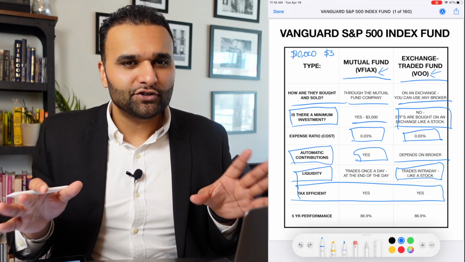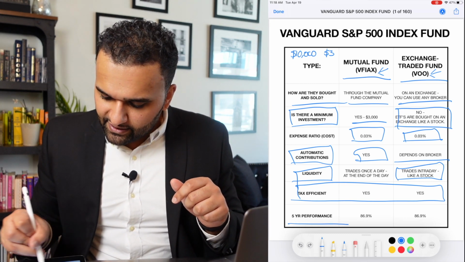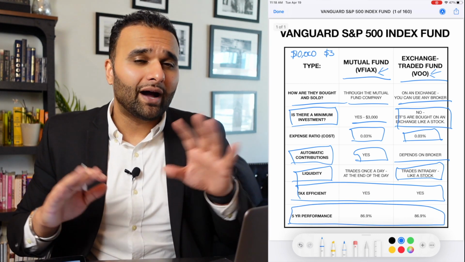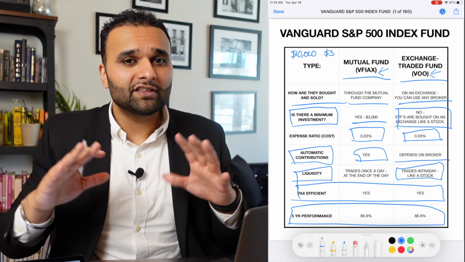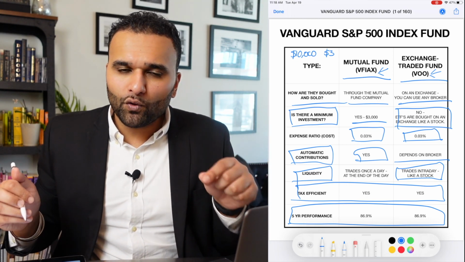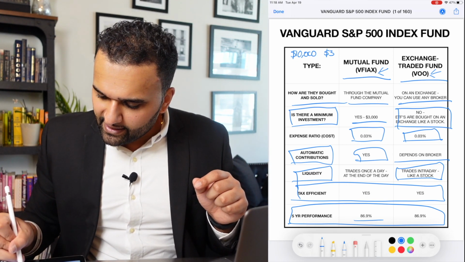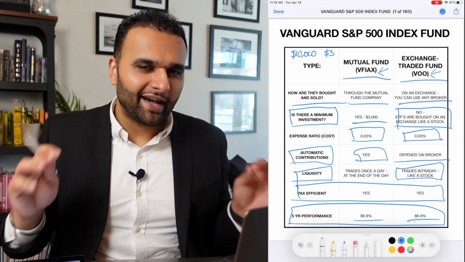And the seventh major difference, or similarity in this case, between these two funds is their performance. Now, I went online and grabbed the 5-year performance numbers for both of these funds, and their performance is identical. Over the past 5 years, both of these funds have returned 86.9%.